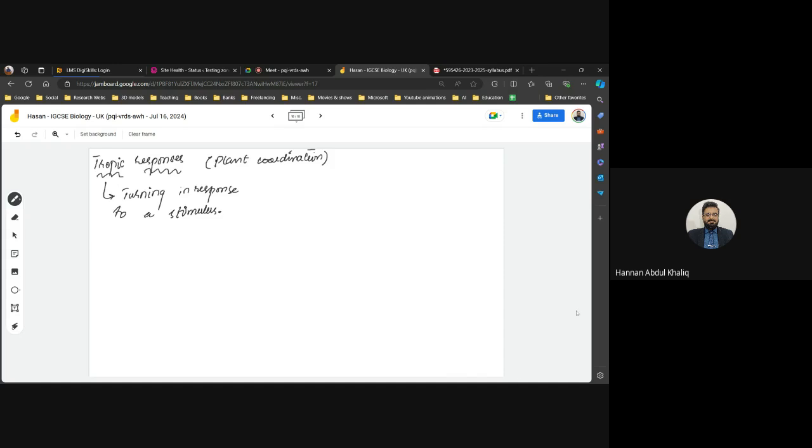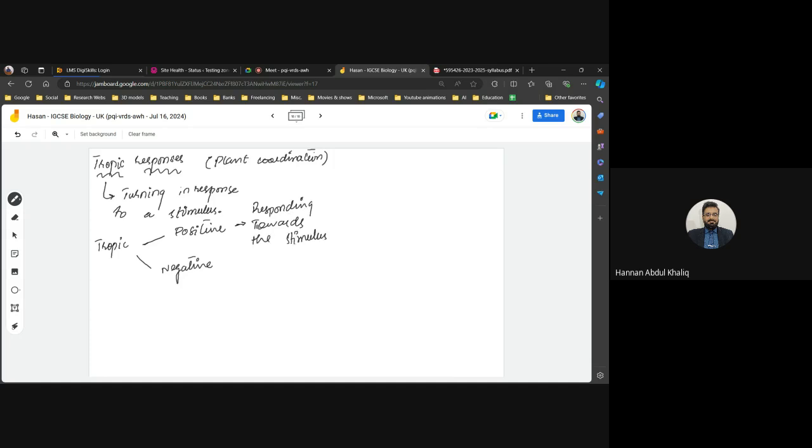So let's have an idea what kind of responses these are. Always remember that tropic responses can be positive or negative. Positive means the object is moving or responding towards a stimulus.